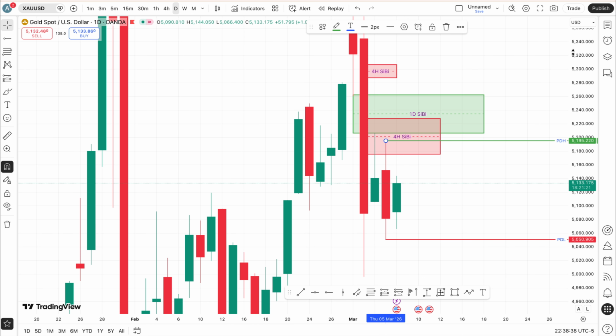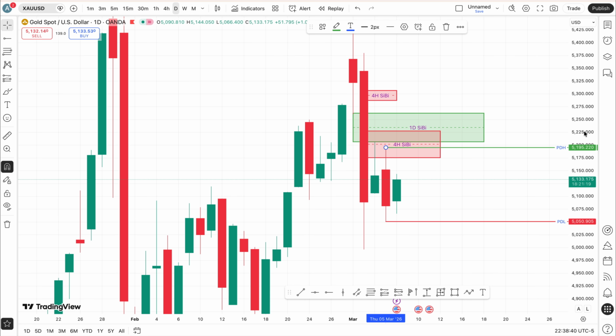Next, we move on to analyzing the daily time frame. Here we check whether any new fair value gaps, price voids or inefficiencies formed. Higher time frame imbalances are extremely important because they represent areas where price moved too quickly and may return to later to rebalance. If price is trading near a daily imbalance, we expect a reaction.